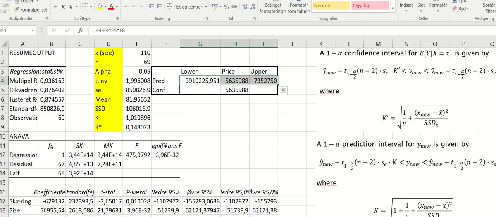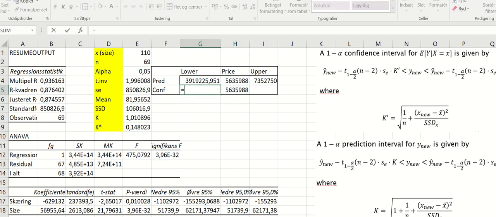Now, the confidence interval, on the other hand, is what is the average price we expect all 110 square meter apartments to be sold at in the future. So not just one tomorrow, that's the prediction. That is the next one, just the next one, which is more insecure. No, this is the average of everything in the future with 110 square meters.